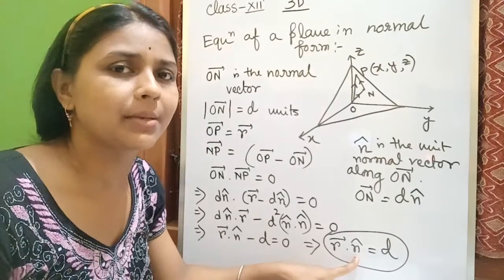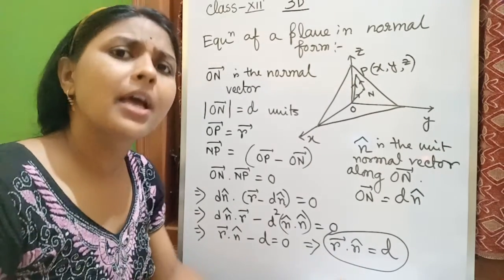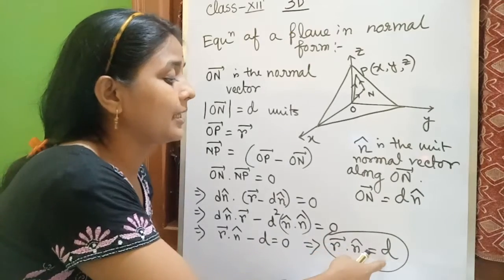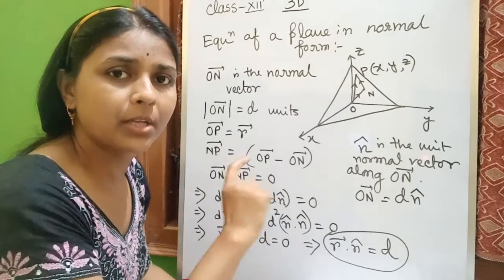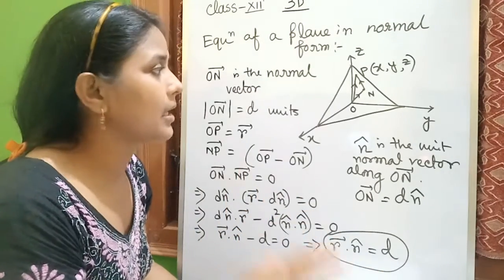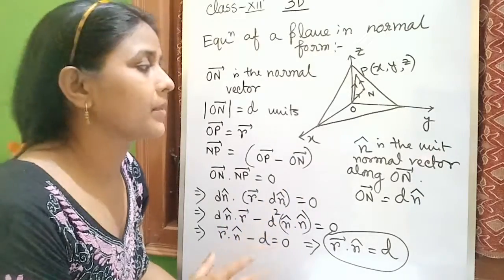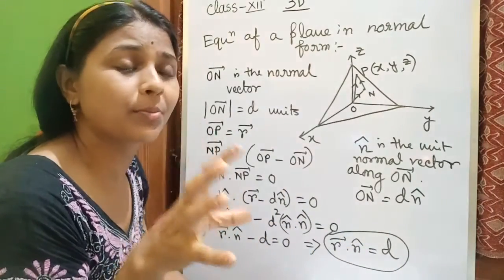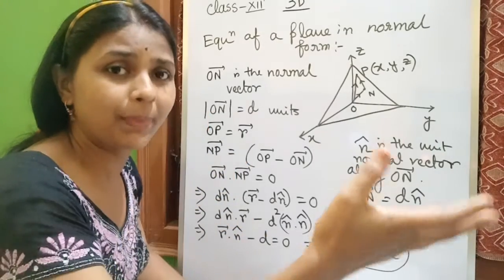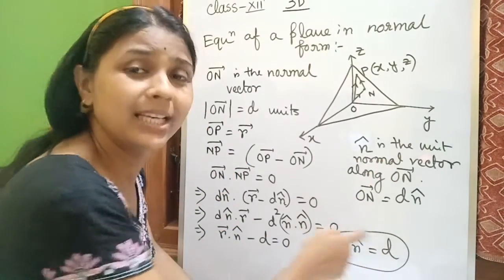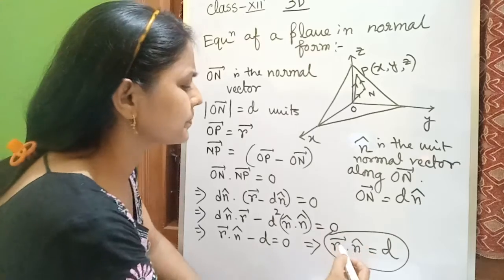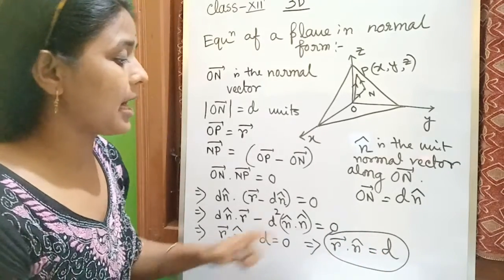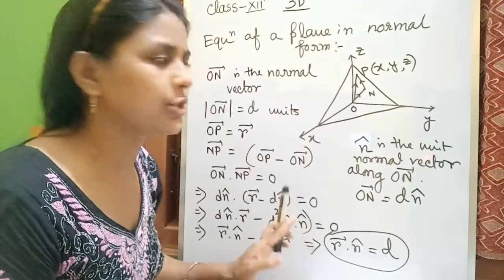That means its direction is given, and d, the distance from the origin to the plane, is also given. So this is d. Okay, it's very simple. So this is the vector equation, r vector dot n cap equals to d.